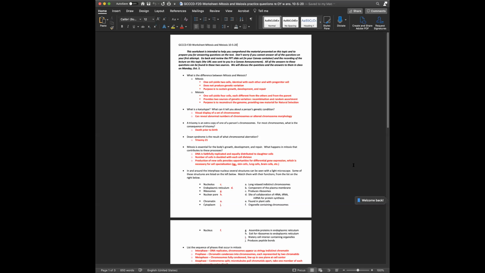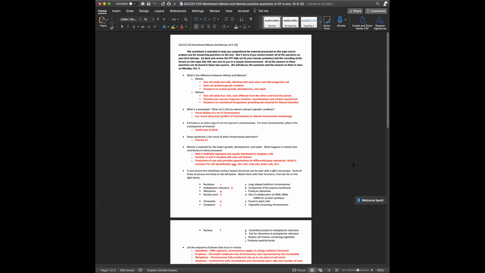In mitosis, 1 cell divides to yield 2 cells. In meiosis, 1 cell ends up with 4 cells. In the case of mitosis, there is no genetic variation. In the case of meiosis, there always is.